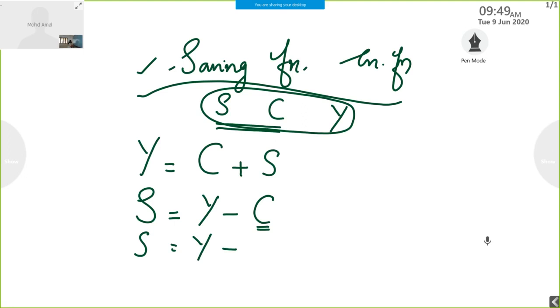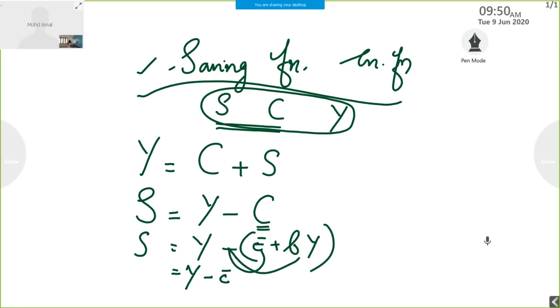Y minus, instead of C we can write consumption equation, that is C dash plus bY. The next one, open the bracket, Y minus into C dash, that is minus C dash, then minus into plus bY, that is minus bY.